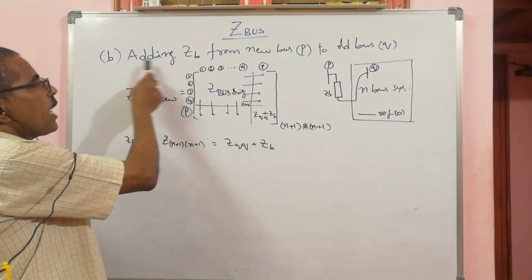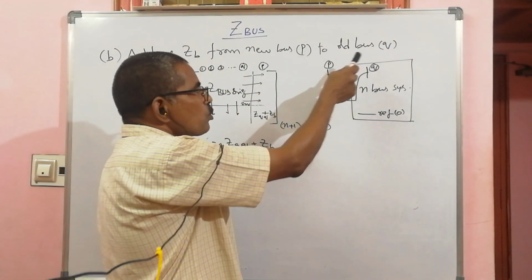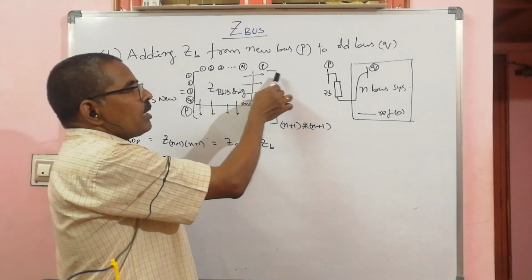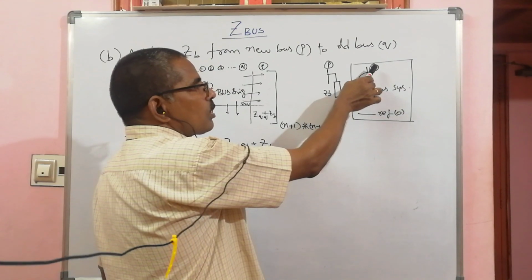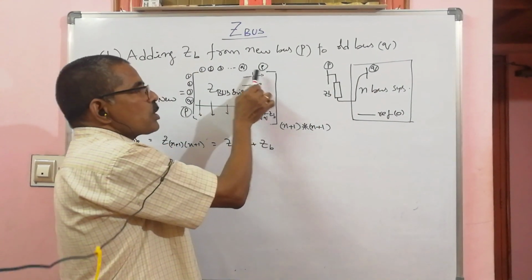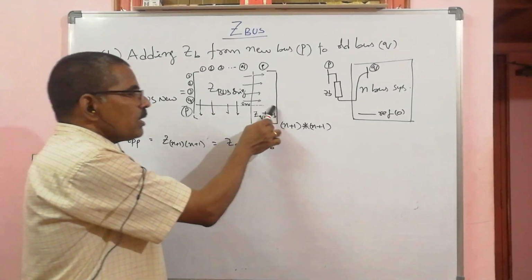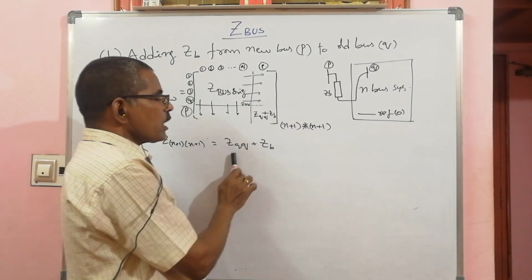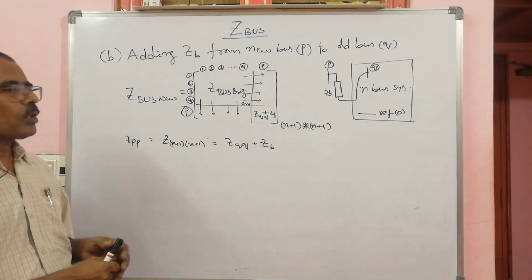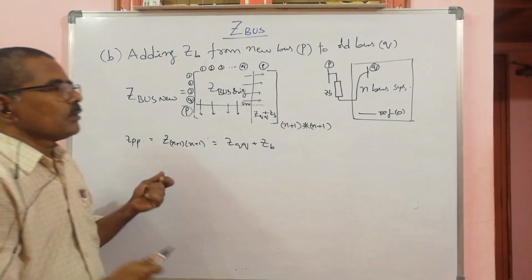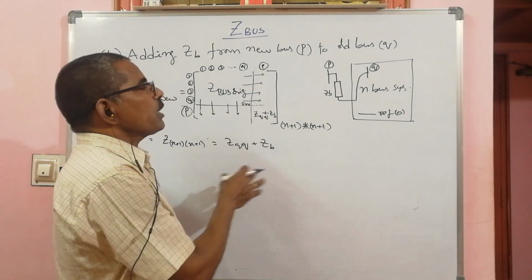This is case B, adding Zb from a new bus to an existing or old bus. Then you copy the q entries, and the diagonal is Zb plus Zqq. I hope it is clear.